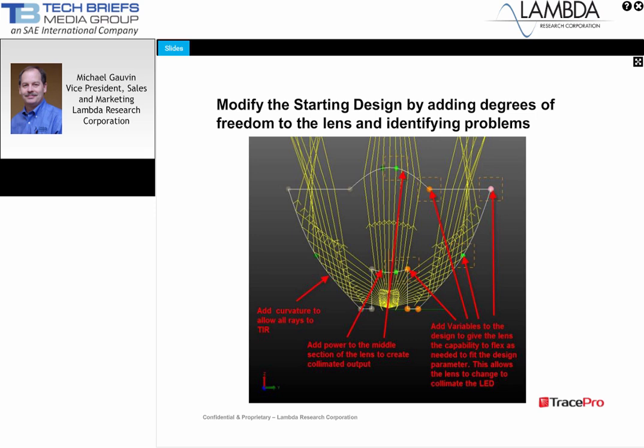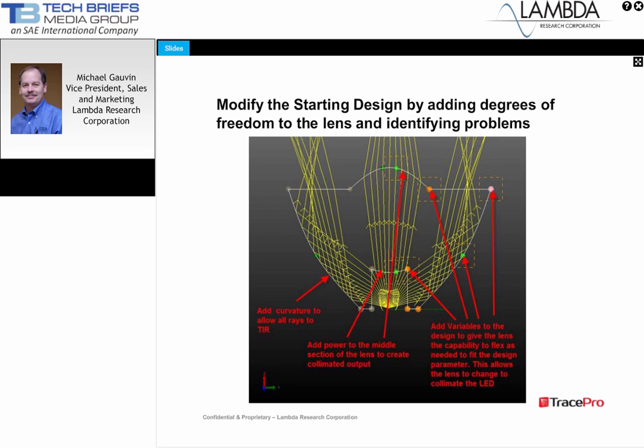We can give it more capability. So for instance, if I want to try and give the exit surface a smaller angular output, I can give it power. And the outside areas I can leave planar for manufacturing purposes if I want to. But I can also let the design move around. So you're seeing little boxes that I've drawn in here.